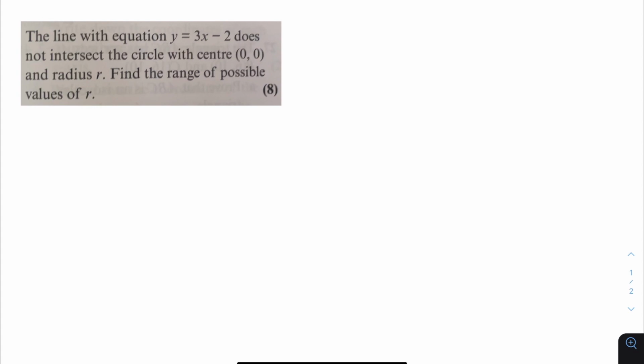For the IGCSE course, you don't actually need to know the equation of the circle, but it does tie in with something very important like simultaneous equations.